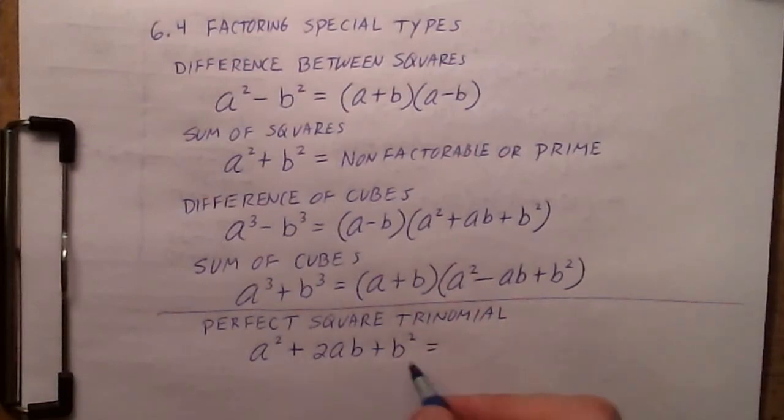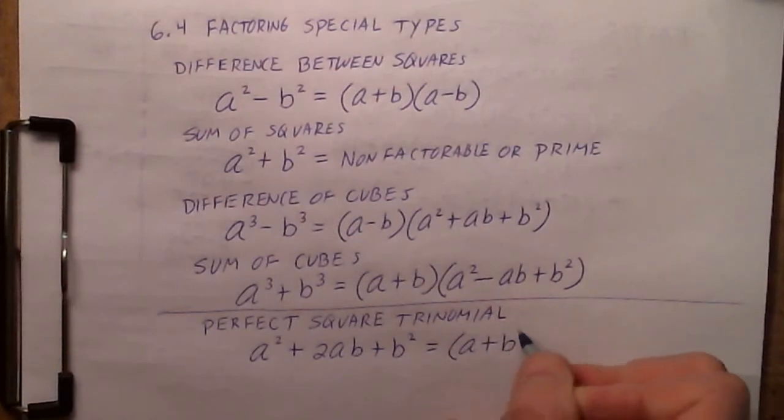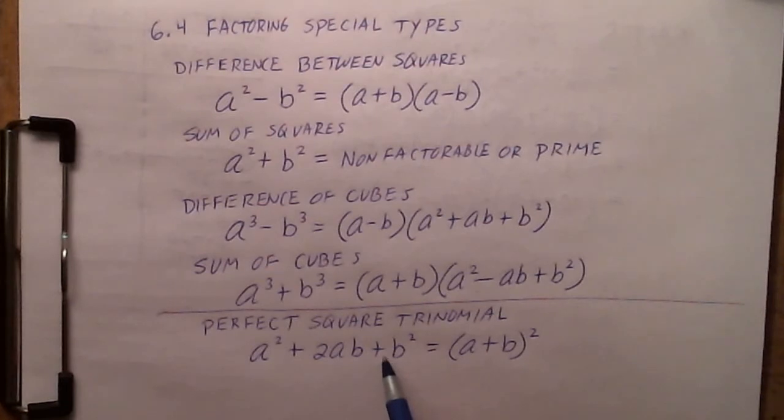Ladies and gentlemen, any trinomial that looks like this, where the first and last terms are perfect squares and the middle term is twice the first term times the last term, would factor as a plus b quantity squared. This is called a perfect square trinomial because it factors into the square of a binomial.